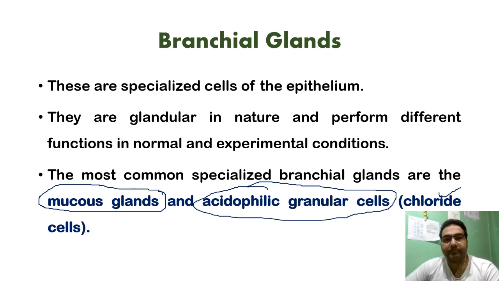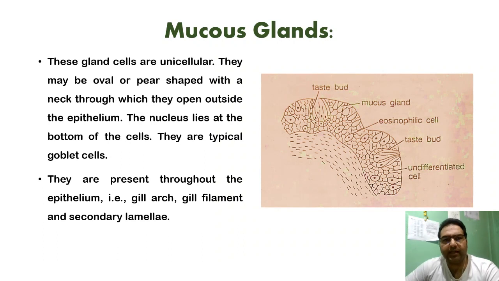Talking about the mucous glands, these are unicellular. They are pear shaped, with a narrow neck through which they open outside. The nucleus lies at the bottom of these cells, and they are typical goblet cells.